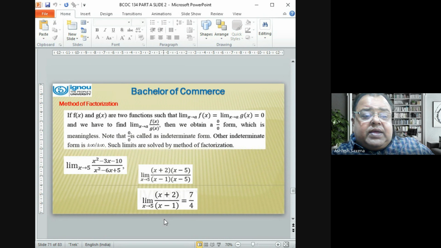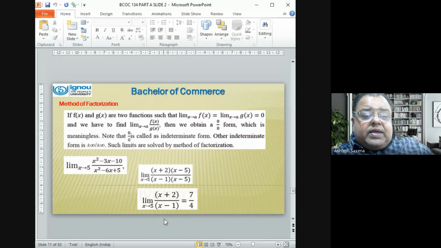I have taken the coefficient of x squared, that is 1, and the constant term without x, that is 10. So 10 into 1 is 10. Now I will split, that means I will factorize 10 in such a form that by adding two numbers I get the sum of 3, or subtracting two numbers to get 3.